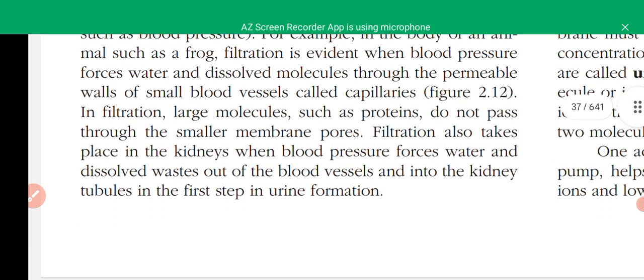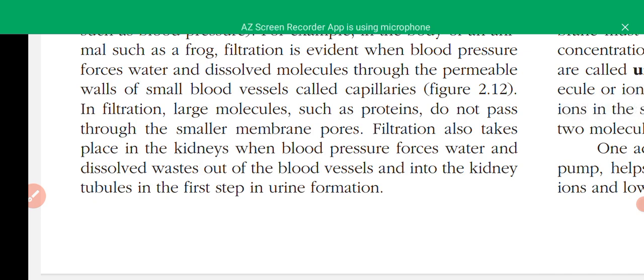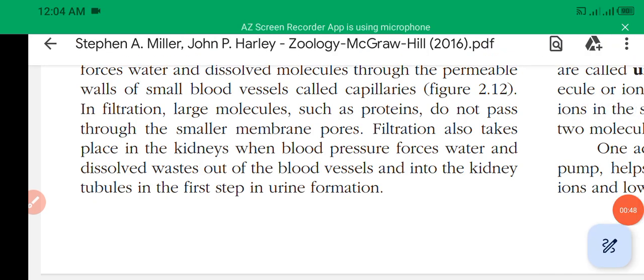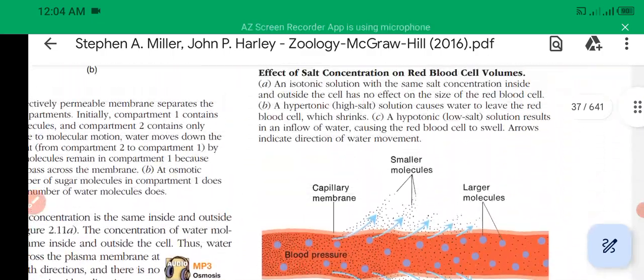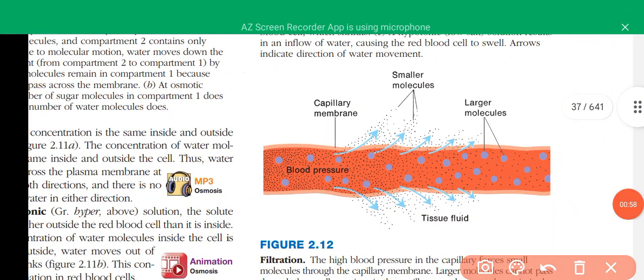Filtration also takes place in the kidney, when blood forces water and dissolved waste out of the vessels into the kidney tubules, as in the glomerular filtration rate. Let's see what happens.